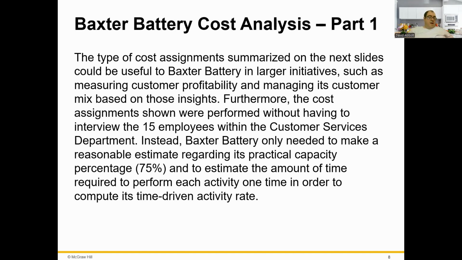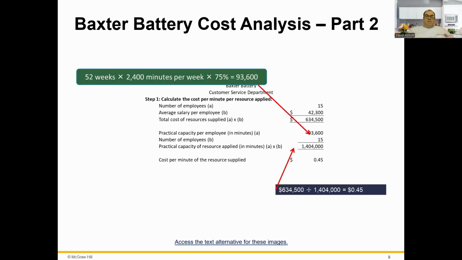So take the amount divided by the number of minutes, and that gets us the cost per minute of resources, which is 45 cents a minute. And we take that. So the total cost divided by the total capacity gets us that, the per minute. And then the second, and we see that.